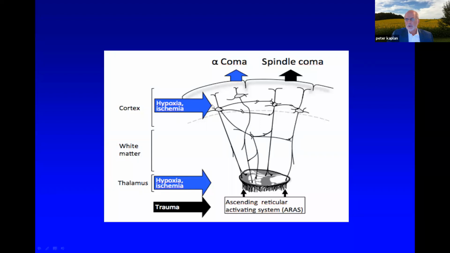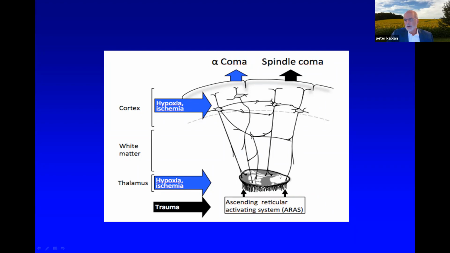So, for example, if you're looking at one of the two patterns here, alpha coma and spindle coma, what these are due to in alpha coma is hypoxia of the cortical laminar areas, but also, in fact, involvement of the pontomesencephalic junction, where you have interruption of the ascending arousal systems through the brainstem and thalamus, and it interrupts them so that it's the cortex that produces an independent, non-modifiable, in other words, an alpha coma or an alpha rhythm, which is not reactive.